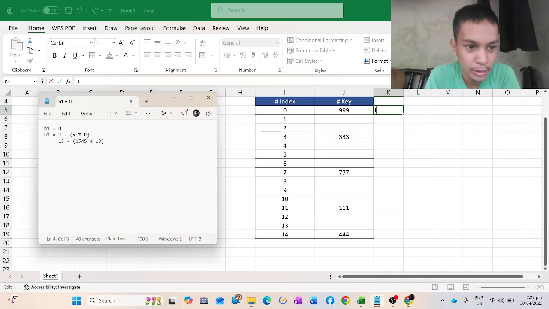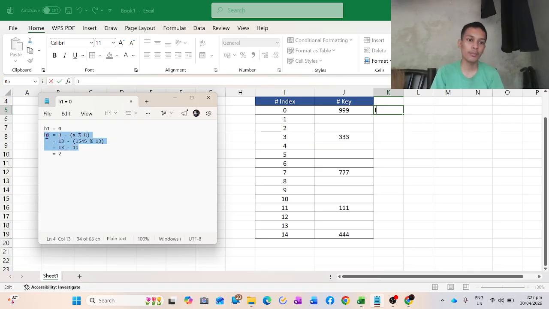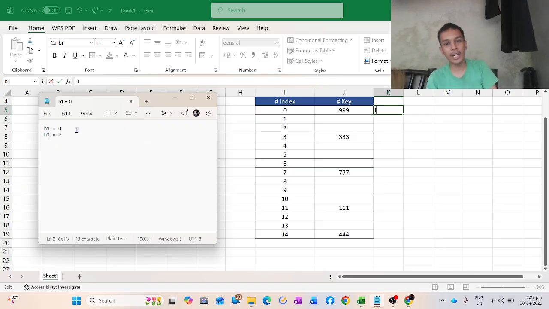So that's going to be our modulo, or remainder. 13 minus 11 is equal to 2. So now we have our H2.